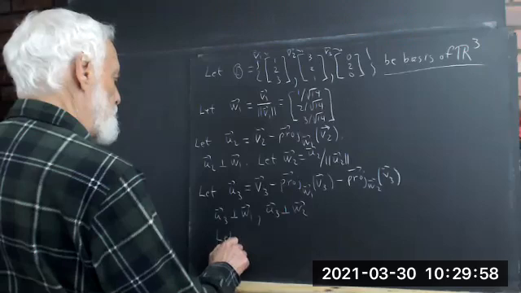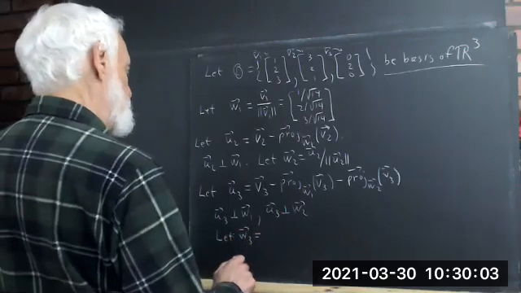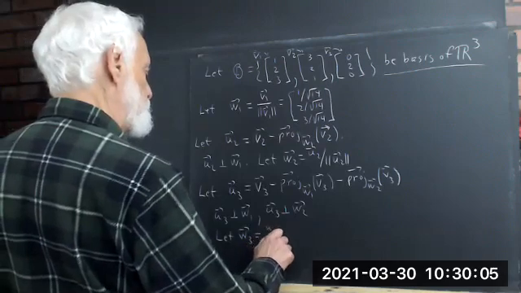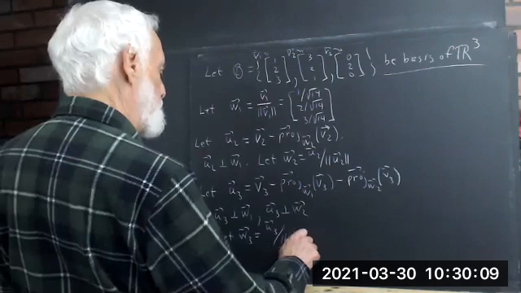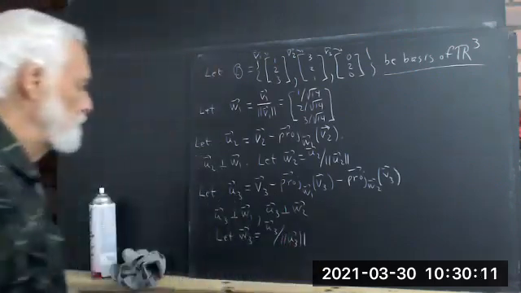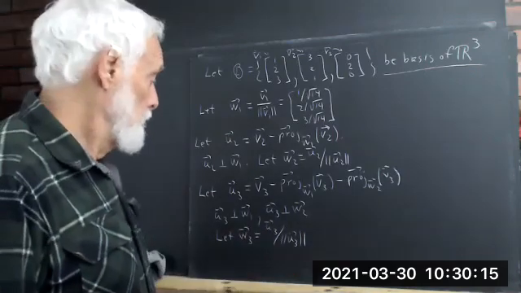So we're going to let W3 equal U3 divided by the magnitude of U3. Well, that's it.